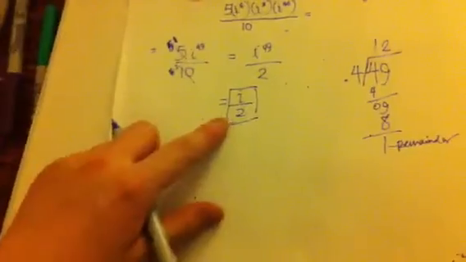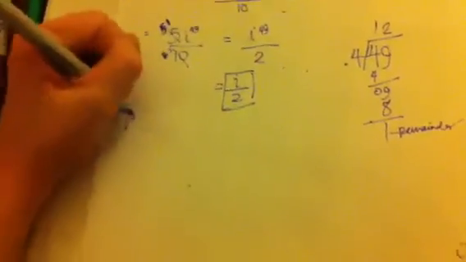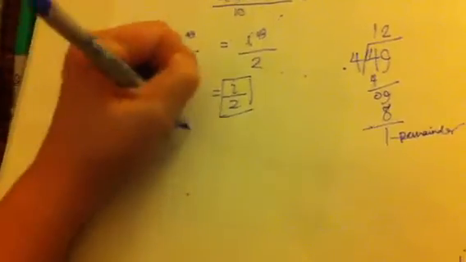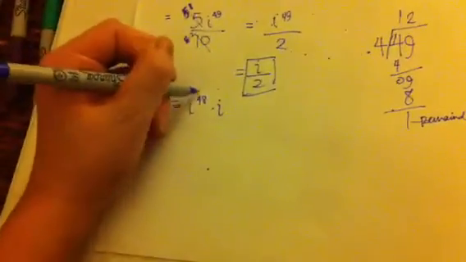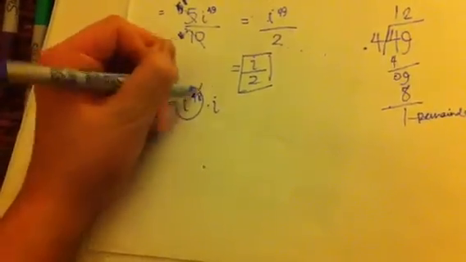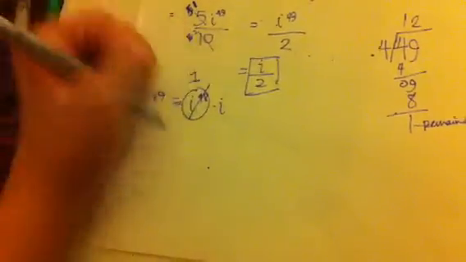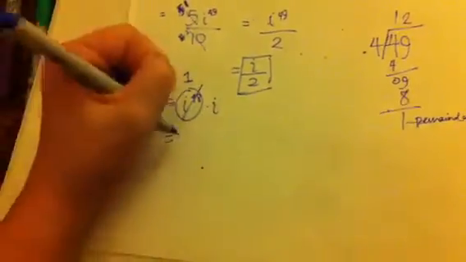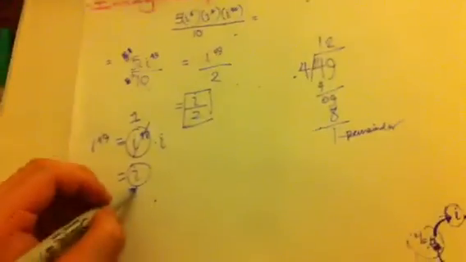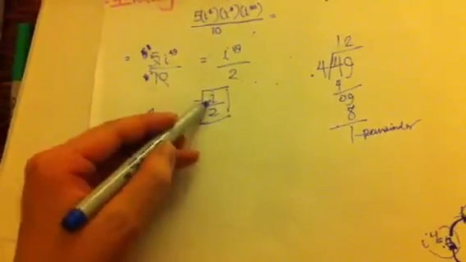Another way of writing that is i to the 49th is the same as i to the 48th times i. Now i to the 48th is divisible by 4, which means it becomes 1. So it's 1 times i. It is simply i. Then we would go ahead and substitute it in.